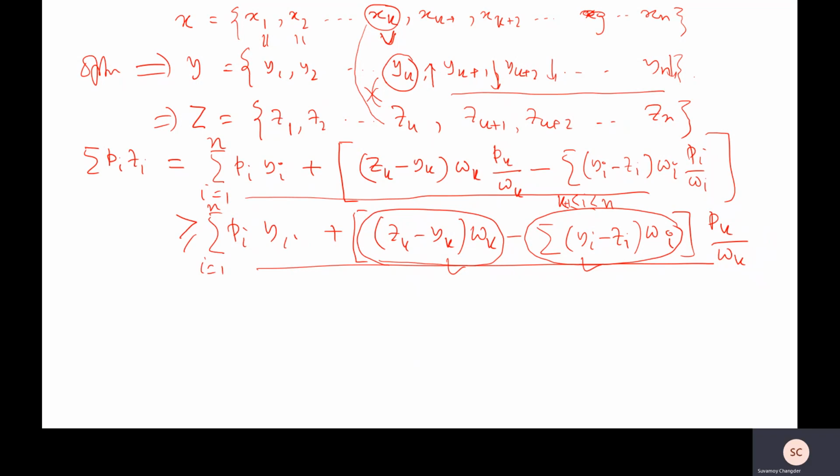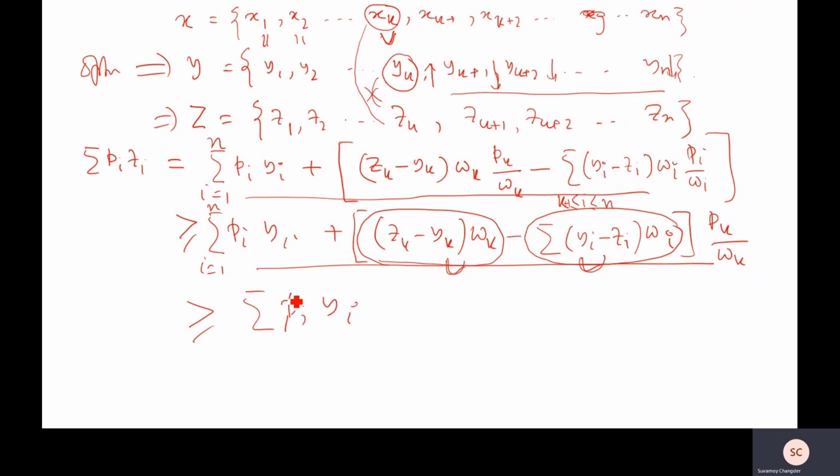Just think about that. We have increased the weight of wk to zk, and we have decreased the values of yk plus 1 to yn to zn such that the capacity of the knapsack remains the same. So the increased value and the decreased value must be equal. Therefore, the difference between these two is equal to 0. Therefore, we can write this is greater than or equal to the sum of pi yi.